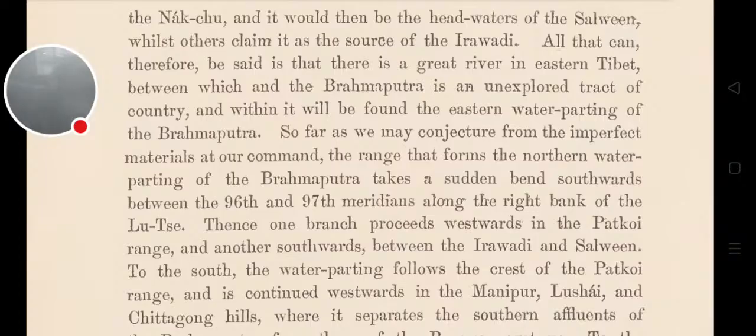All that can therefore be said is that there is a great river in eastern Tibet, between which and the Brahmaputra is an unexplored tract of country, and within it will be found the eastern water parting of the Brahmaputra.